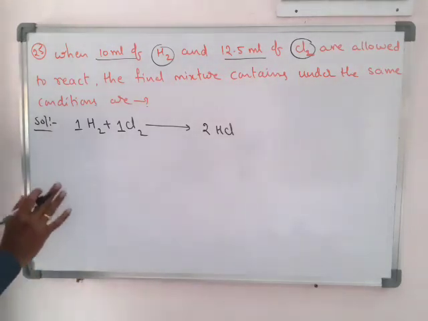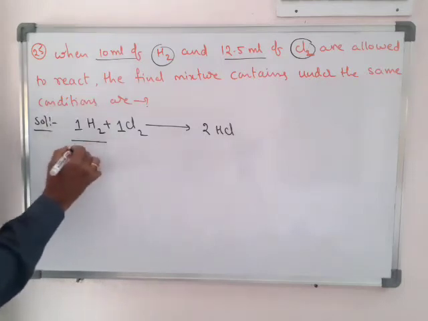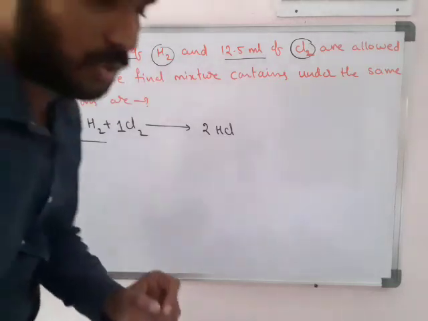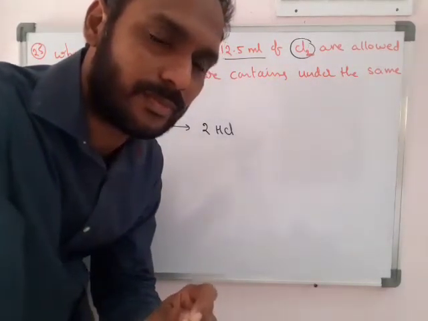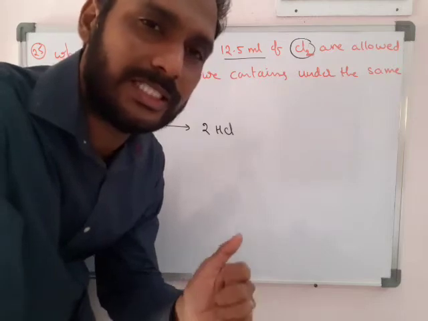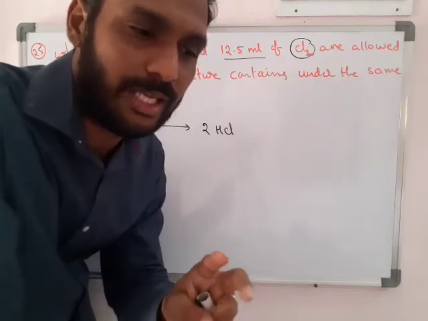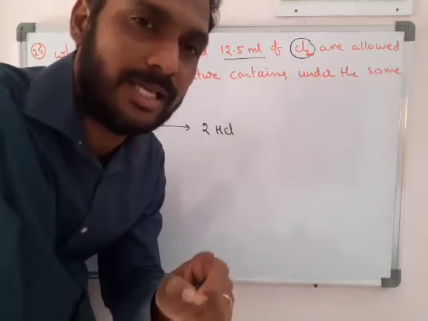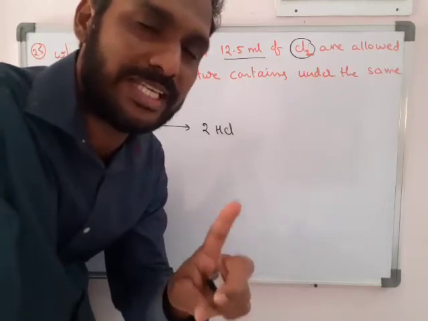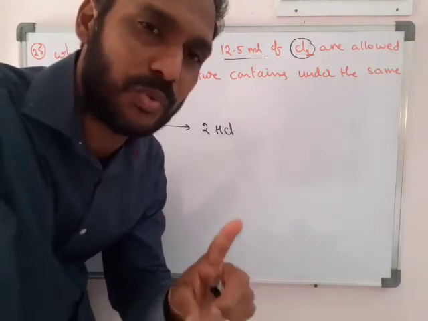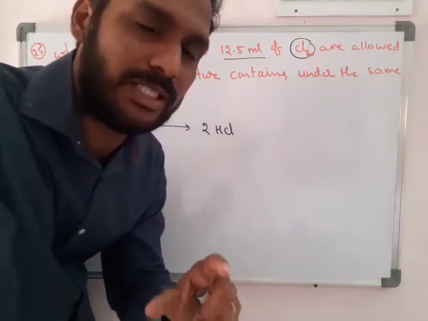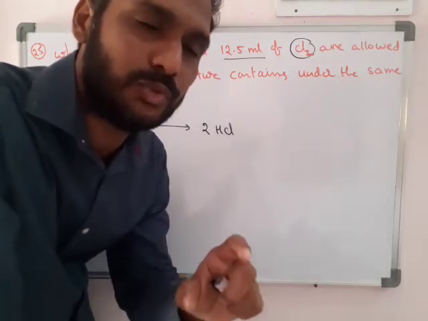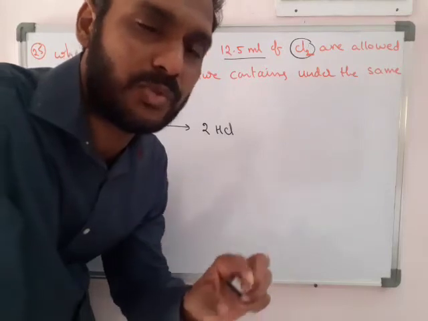So here the information is given for 2 components. I think you already got the point that it is a limiting reagent problem. If the information of 2 reactants is given, we have to choose only one of them, and that will be known as the limiting reagent, the one which completely undergoes the reaction.